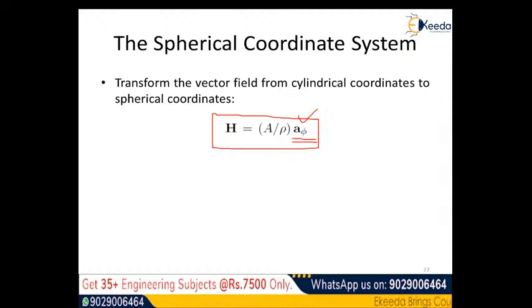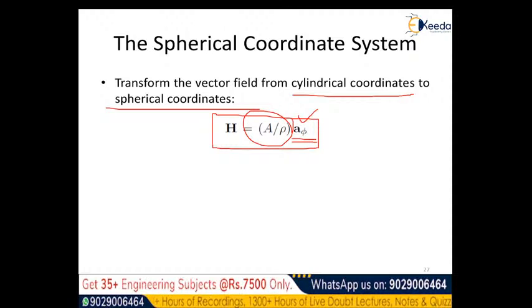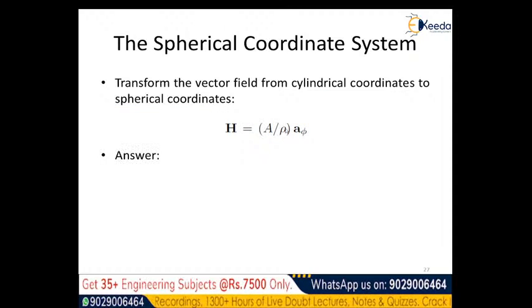Other than the a_phi component, there is nothing such as a_x, a_y, a_z or a_r or a_theta. It is of course there in the cylindrical coordinate system, and while we switch to the spherical coordinate system, the unit vector need not be changed. Only we have to change the magnitude part. So let us discuss it.